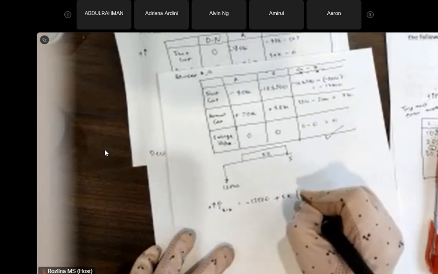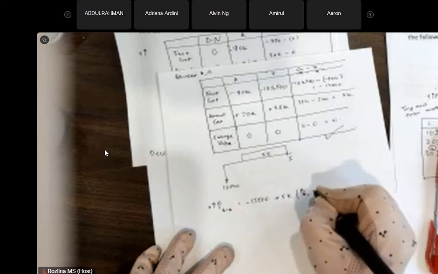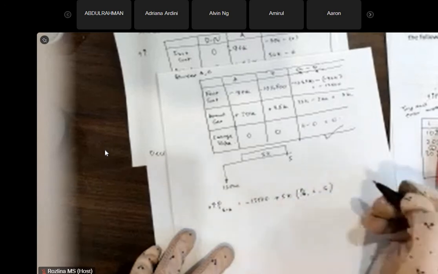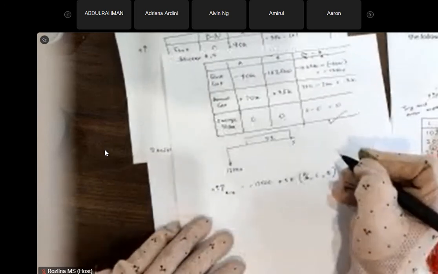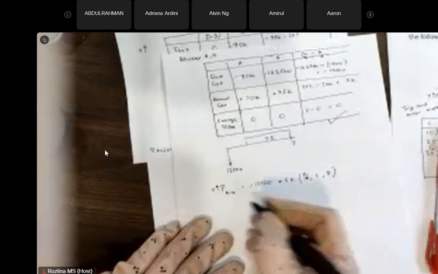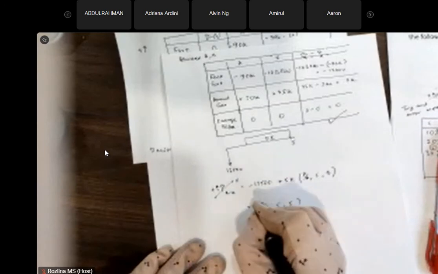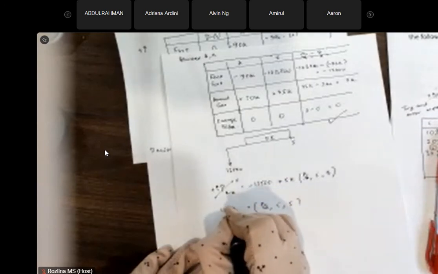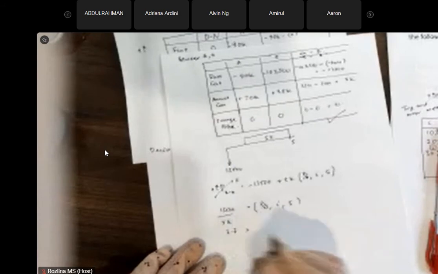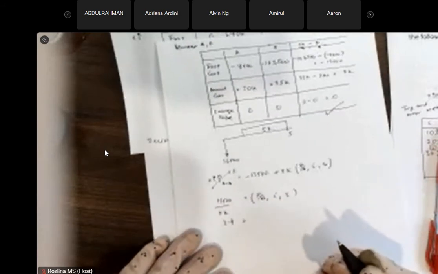This is A, P over A, I, and 5. You will get 1, 3, 5, 0 over 5k, then you will get 2.7.